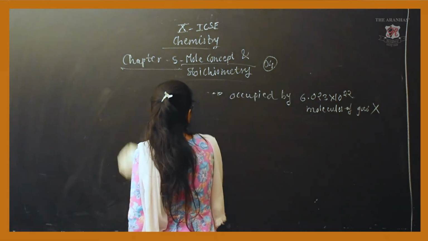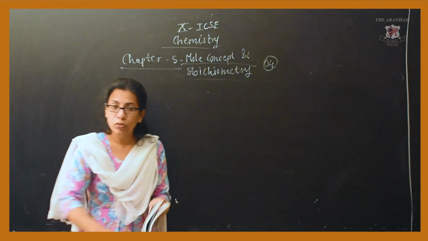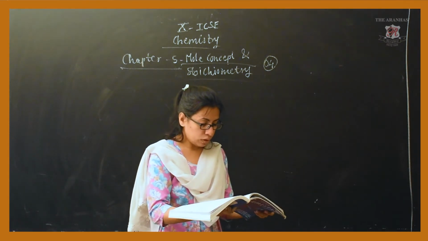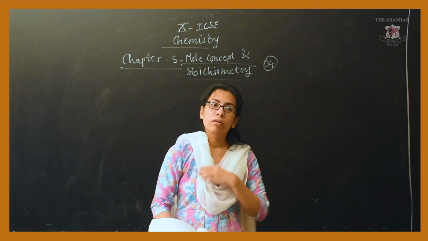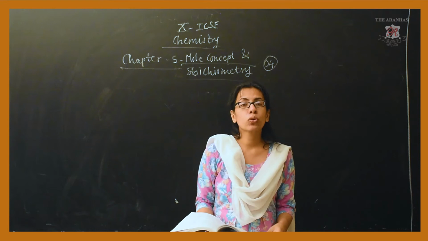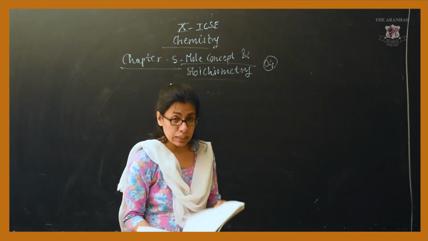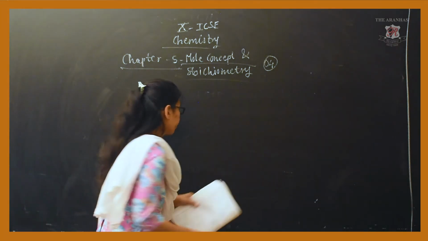Now let us go towards the next one. Now here, they have given one specific molecule in the next numerical, which is sodium chloride. So sodium chloride, its formula is what? NaCl. So what have they asked?